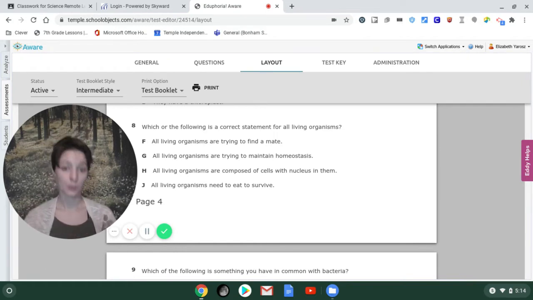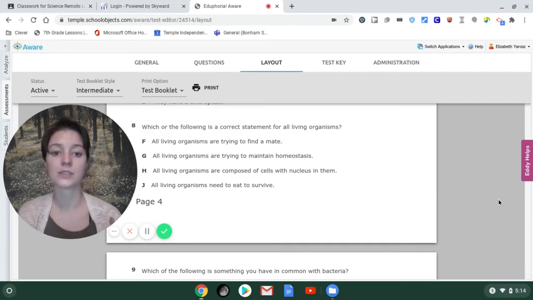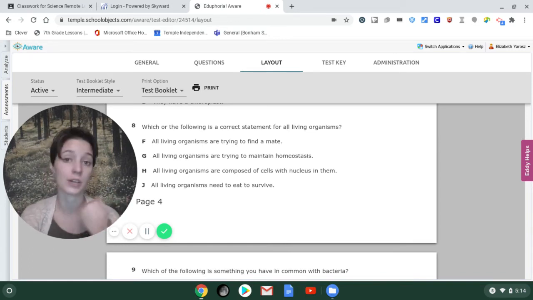G, all organisms are trying to maintain homeostasis. Now, if you watched that one Ed Puzzle, homeostasis means inner balance, so you're healthy. That means I'm not too hot, not too cold, not too thirsty, not too hungry, just right. The further you get away from homeostasis, the closer you get to potentially dying. That means something's really going wrong in your body if you're not in homeostasis.